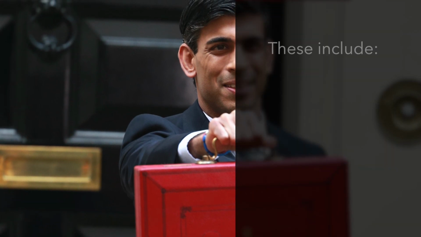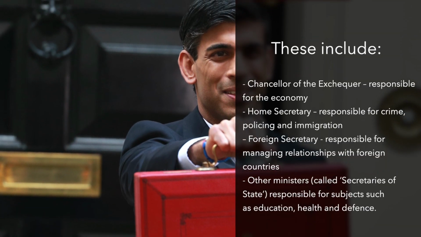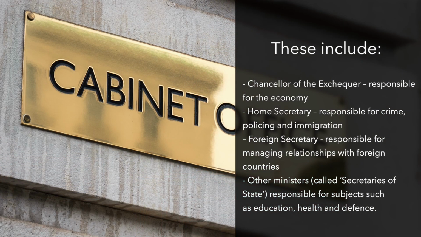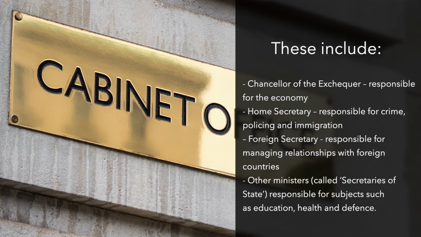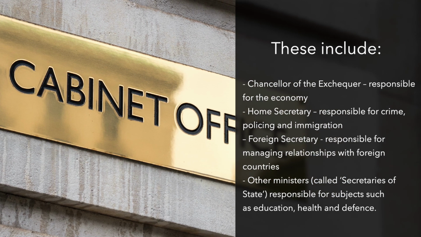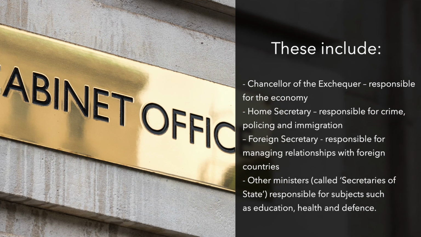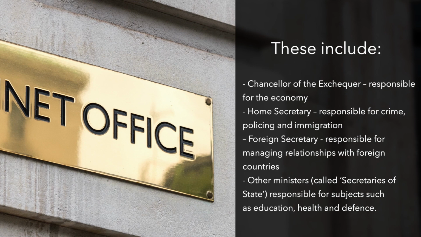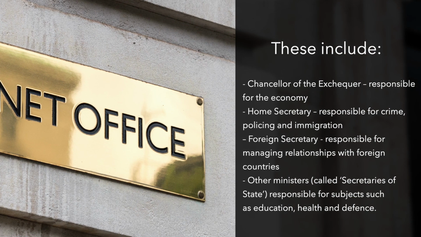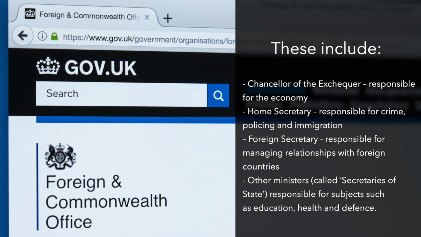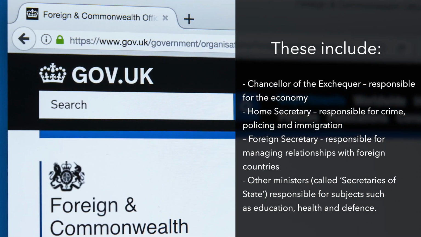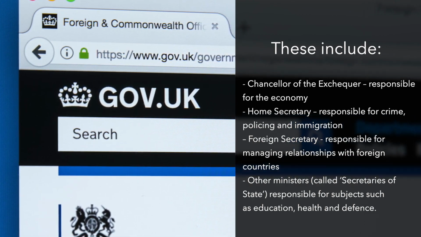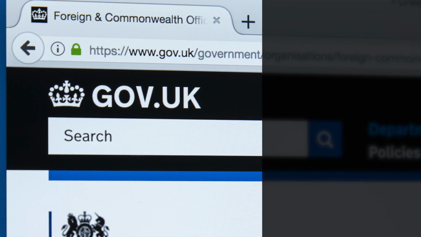These include the Chancellor of the Exchequer, who's responsible for the economy, the Home Secretary, responsible for crime, policing and immigration, the Foreign Secretary, responsible for managing relationships with foreign countries, and other ministers called Secretaries of State, responsible for subjects such as education, health and defence.